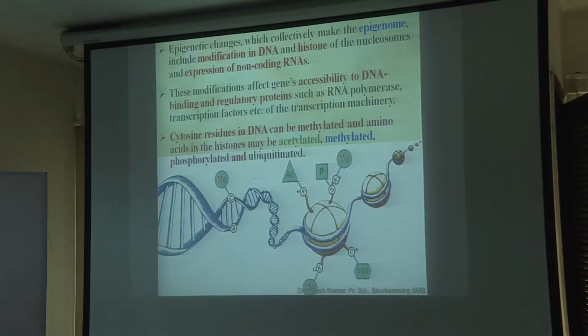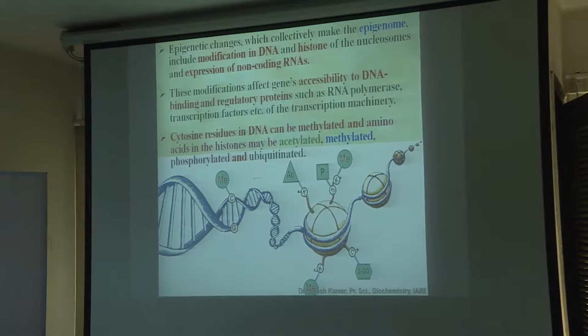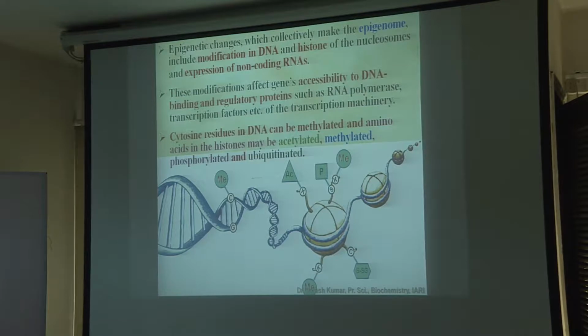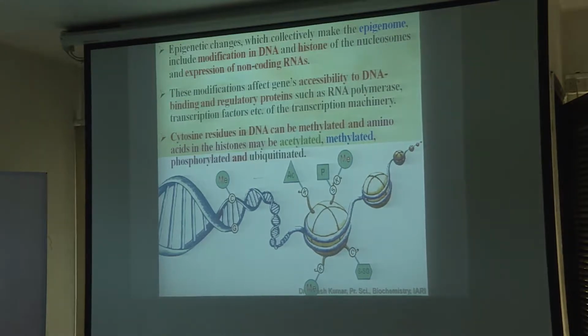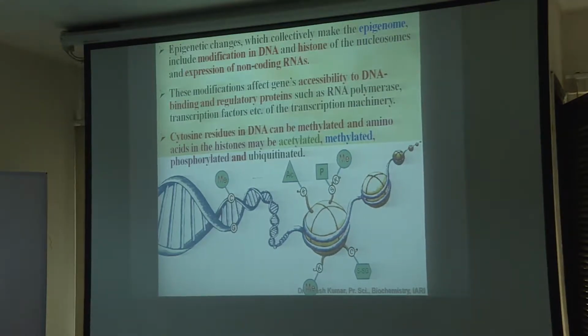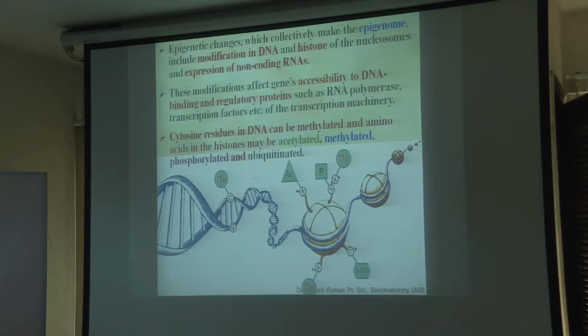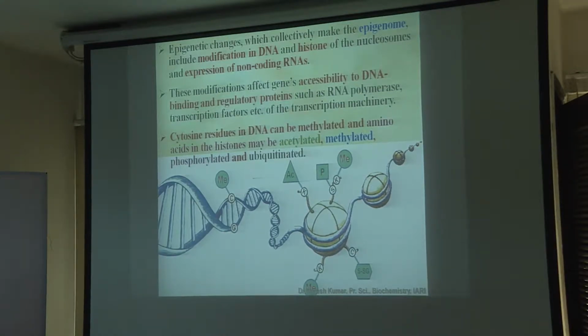Okay. So, this guide RNA is going to find out the place where this methyl transferase will bind, and it will do its methylation of cytosine. So, which cytosine is to be methylated is decided by a small RNA. That is how a small RNA is also playing a role in epigenetic modification. Okay. If a small RNA is not there, then the methyl transferase enzyme will not go and bind and do its action.